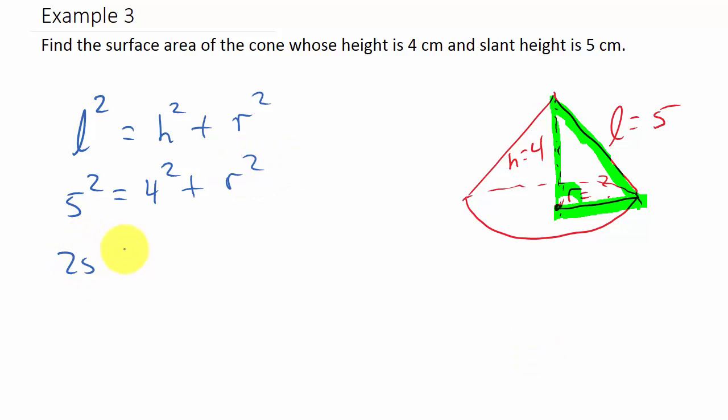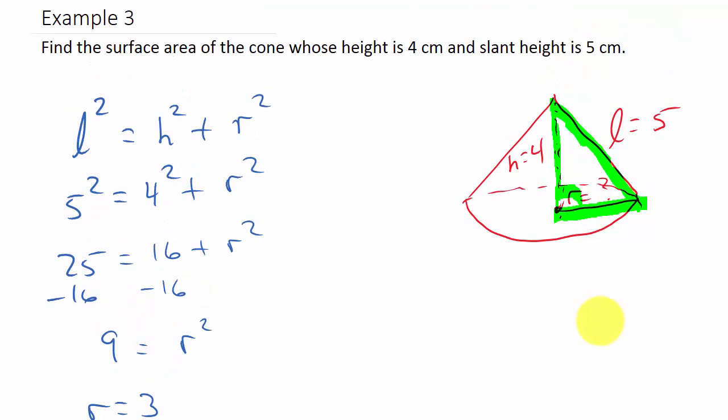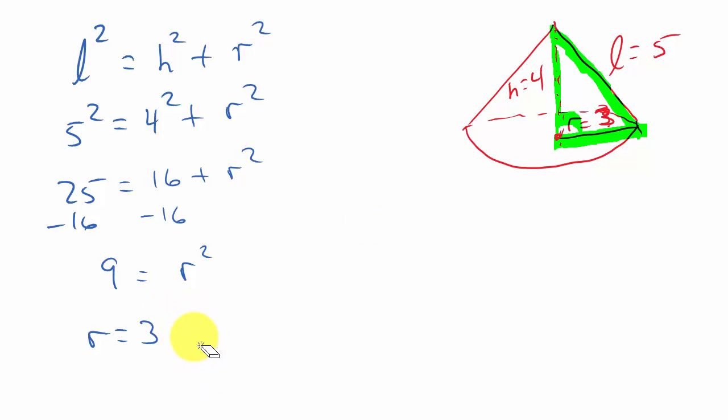So that's going to be 25 equals 16 plus r squared. If you subtract 16 from both sides, that gives us r squared is 9. And so then you square root both sides. r equals the square root of 9, which is 3. So that tells us that our radius is equal to 3 centimeters. Okay, so there we had to actually solve for the radius.